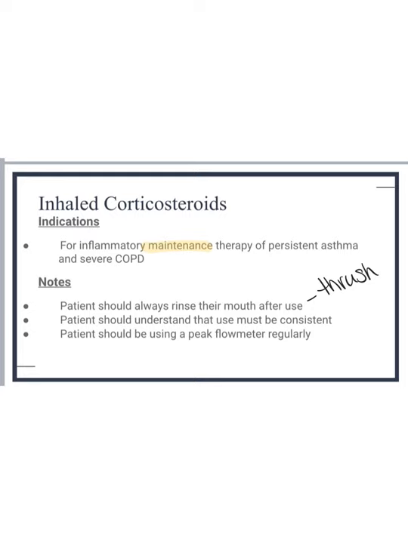And then patients should understand that you have to use it consistently. In order for it to work, you have to be using it on a daily basis. And remember, these can be either Q day, so once a day, or BID.